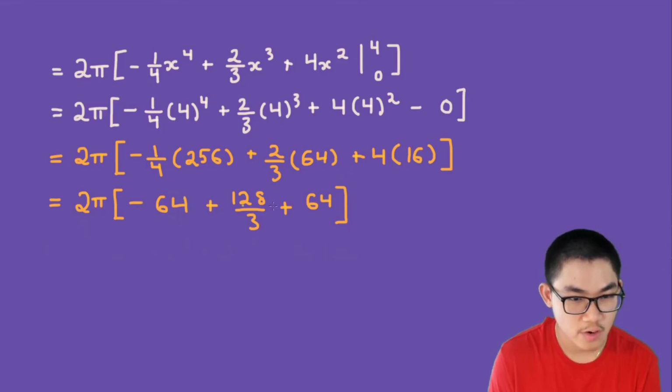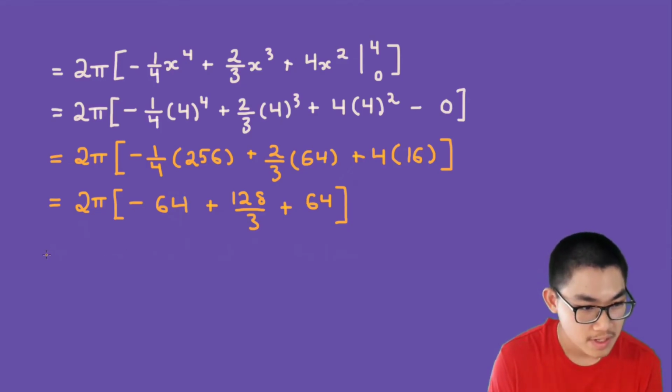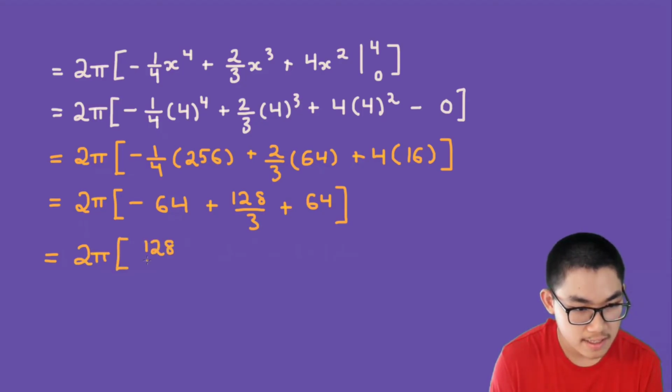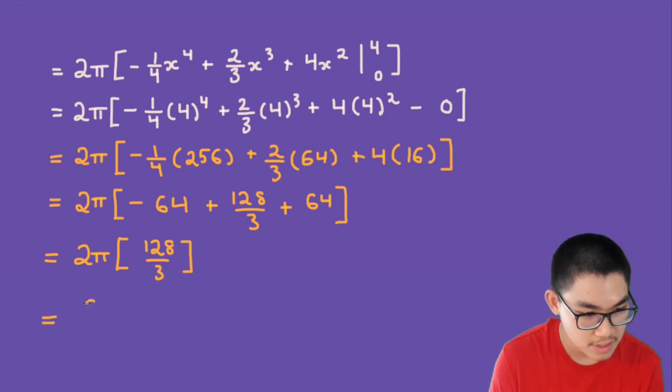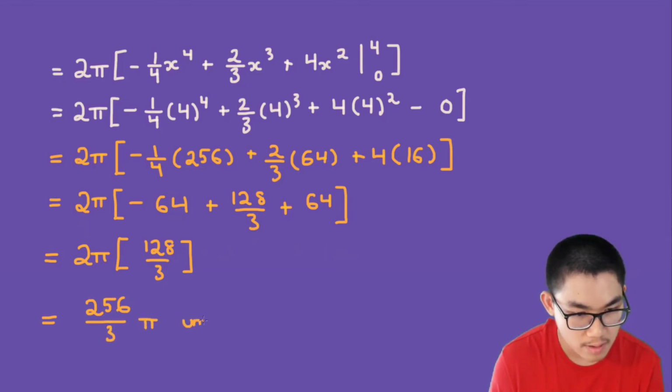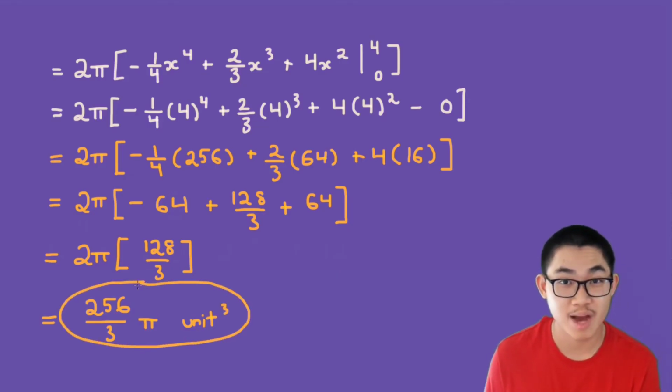And negative 64 plus 64 is just 0. So we're going to have 2 times pi times 128 divided by 3. This is the same as 256 divided by 3 pi, units to the power of 3. So this right here is the volume of our 3-dimensional object.